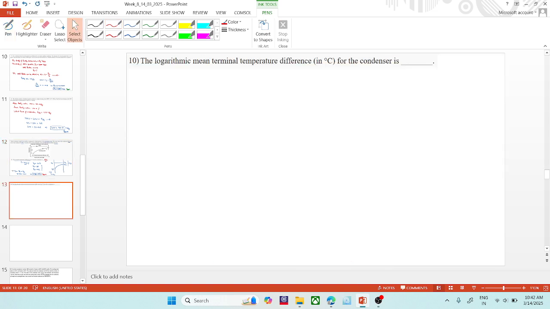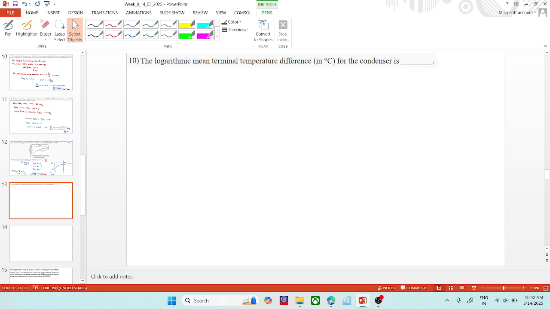Then moving to the next problem, here we have to determine the logarithmic mean temperature difference. So let me first define the logarithmic mean temperature difference. This is the temperature difference which takes care of the temperature difference of hot and cold streams along the length.